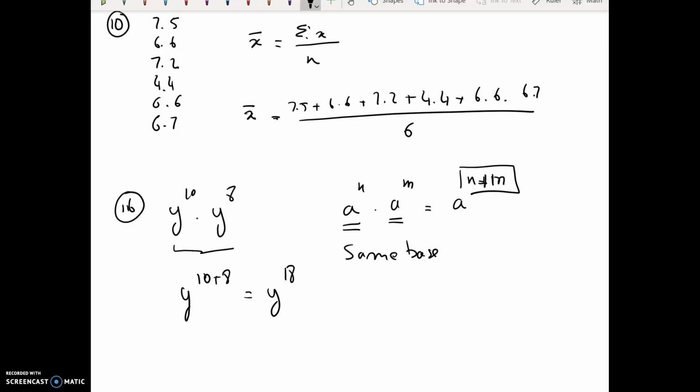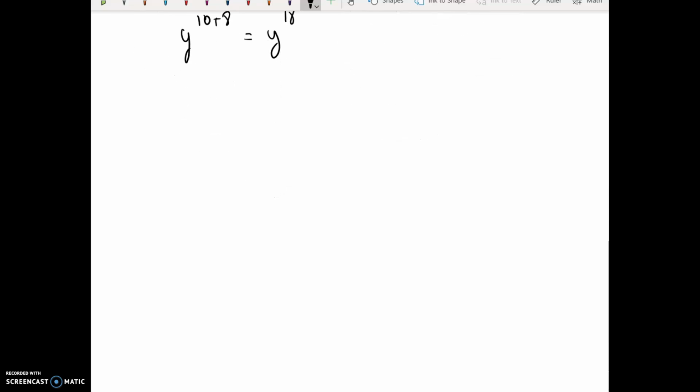Problem number 16 done. And let's try to do problem number 20. On this problem number 20, we have p to the 9, q to the 6 over p to the 6 times q cubed.